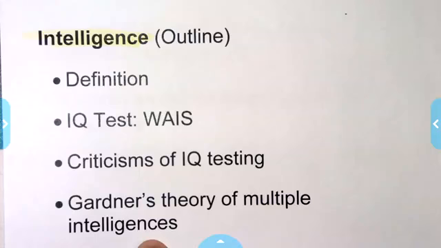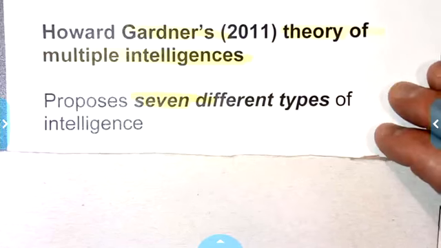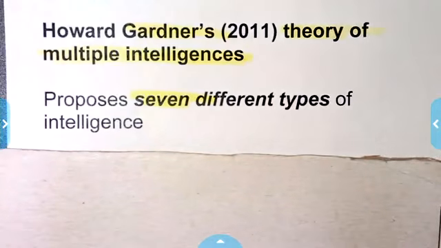I'm going to say some things about Gardner's theory of multiple intelligences. And by the way, this theory is also controversial. There's a lot of psychologists that believe theories like this are a good idea. There's a lot of psychologists that believe it's a bad idea. But I want you to be aware of the kinds of ways that psychologists have responded to these criticisms.